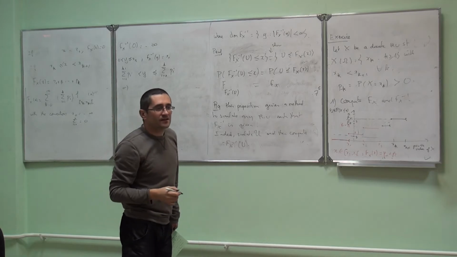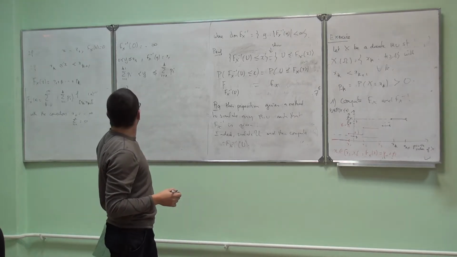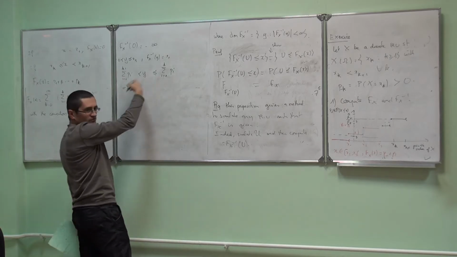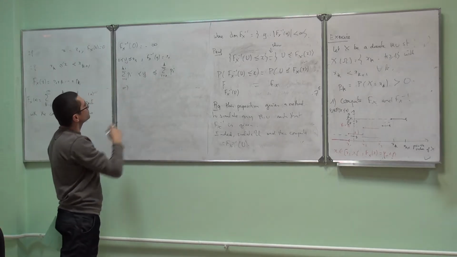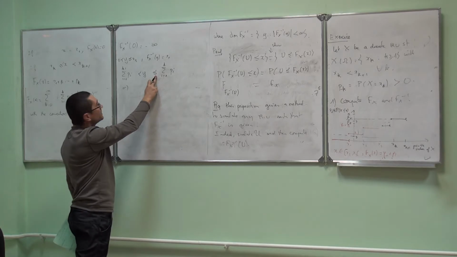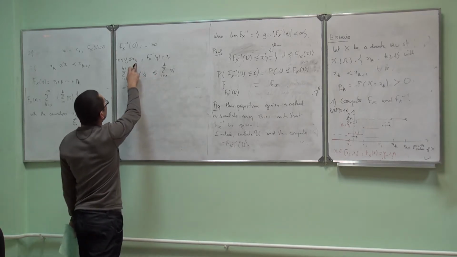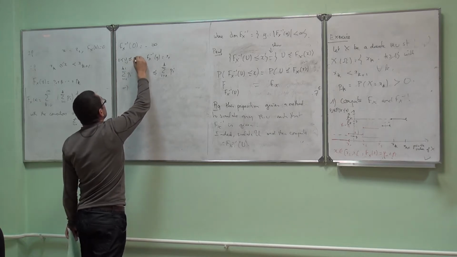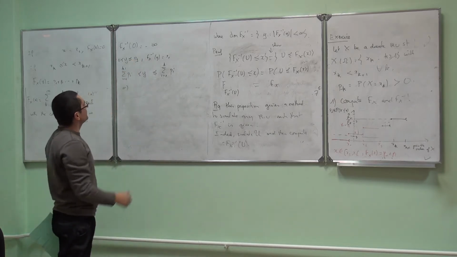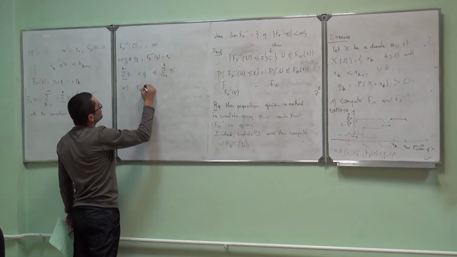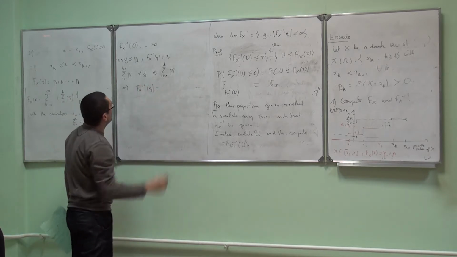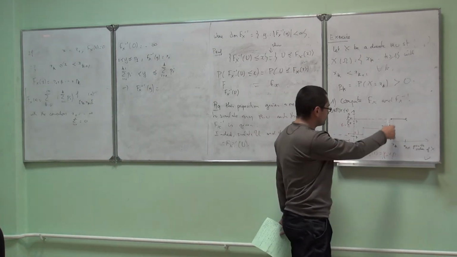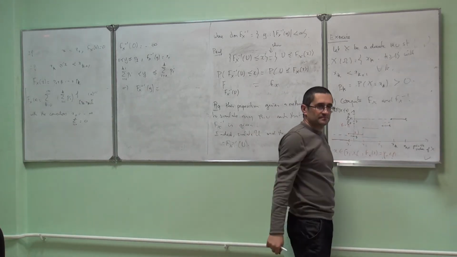In the second line also p_0. Yes, in this case, but this is okay. One line up. Ah, this one, yes. Yes, sorry, you're right. Then F_X^{-1} of y equals actually x_k. Right?